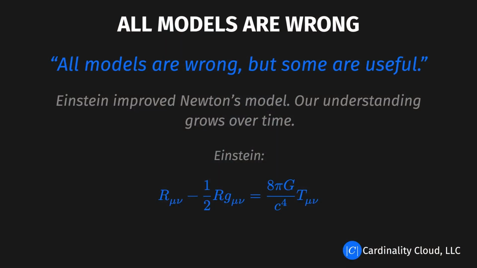A common saying, all models are wrong, but some are useful. Einstein later improved our model of the solar system and corrected details that Newton could not account for. This is how our understanding of a complex system grows and matures over time.